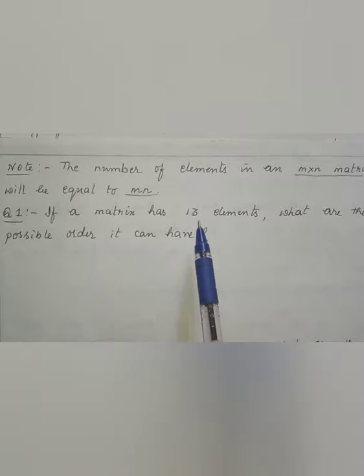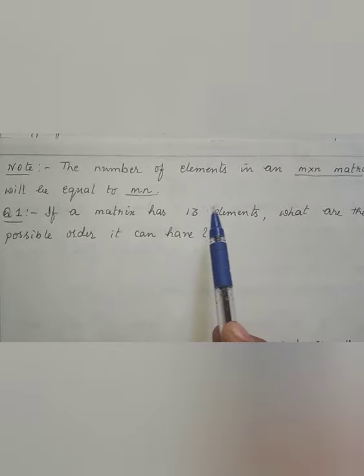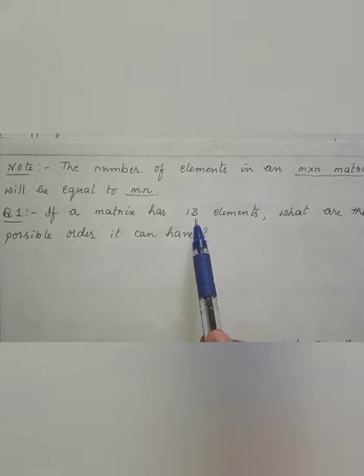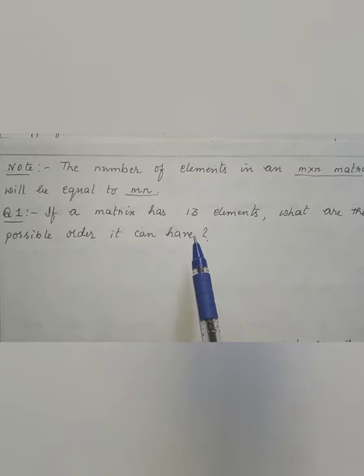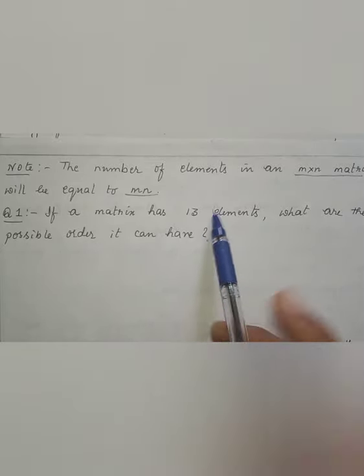So to find the possible order of a matrix with 13 elements, we will find all ordered pairs of numbers whose product is equal to 13.